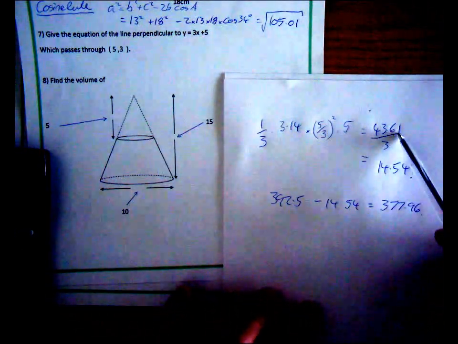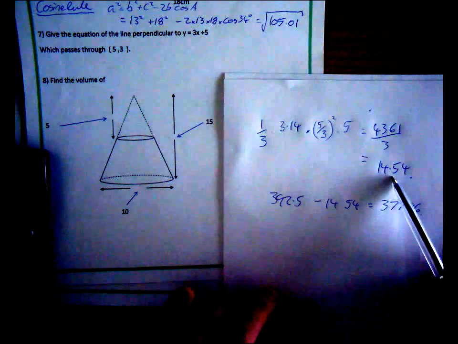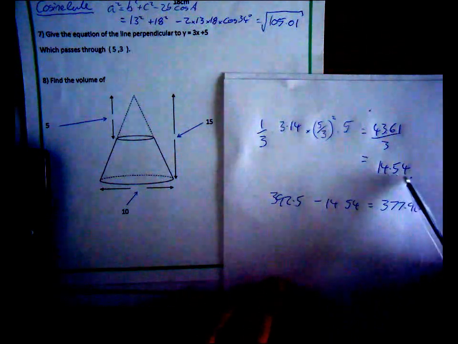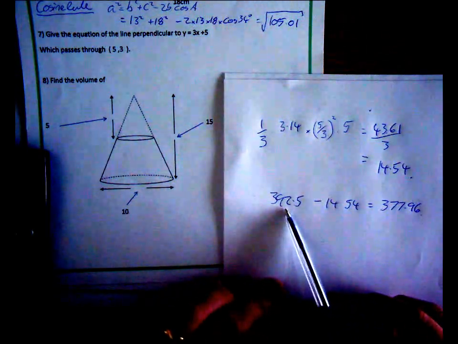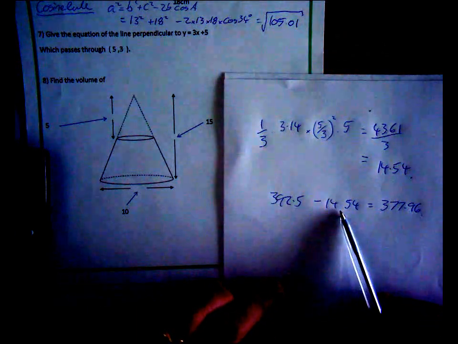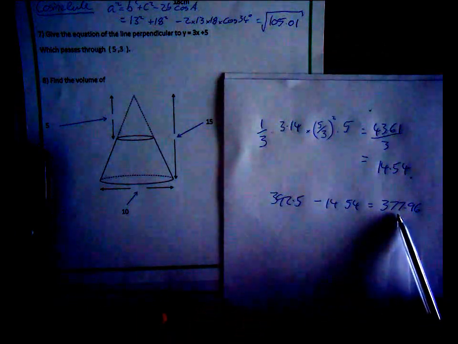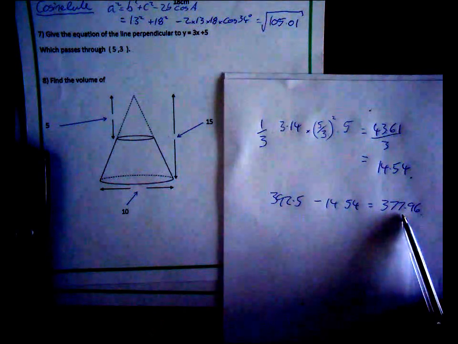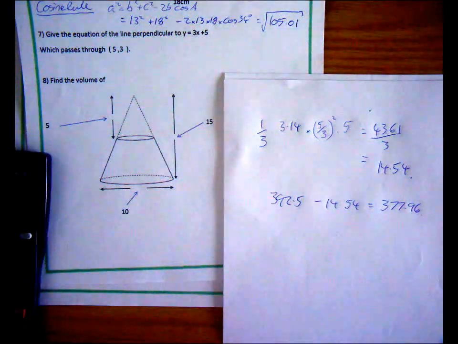If we work that out, divided by 3 to get the third, the volume of the small cone is 14.54. So if that's the volume of the big cone, take away the volume of the small cone, you get 377.96, which is the same answer as doing it the other method. So you've got a choice of 2.